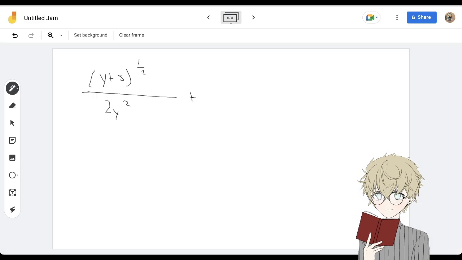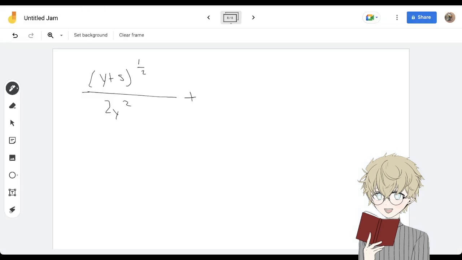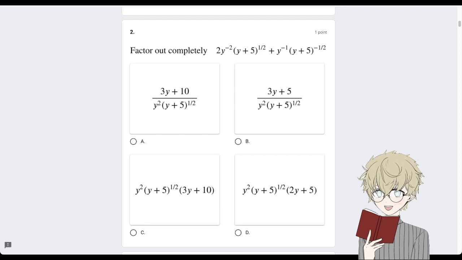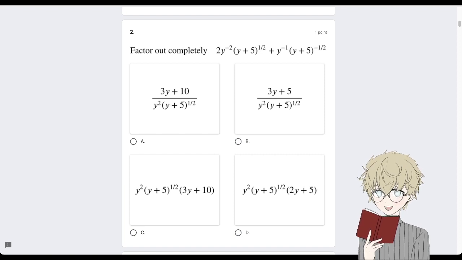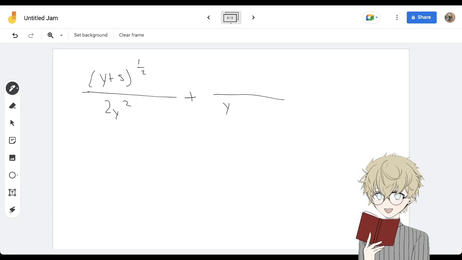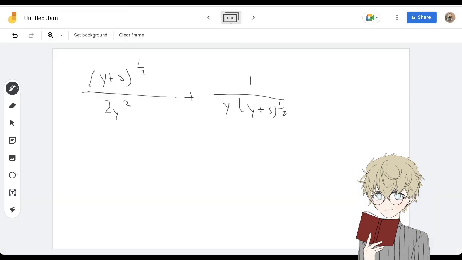But I have an addition symbol here, y negative 1, so that's gonna be below. I'm gonna have it as y only, because negative, right? Y plus 5, oh, negative 1/2, so this also goes below, so we're gonna have y plus 5 to the 1/2 all over 1. Okay, I got it.